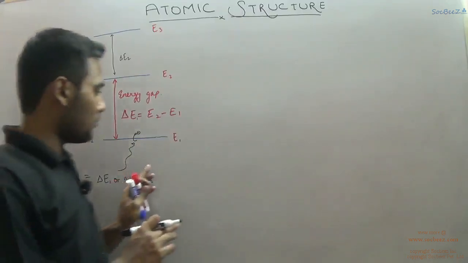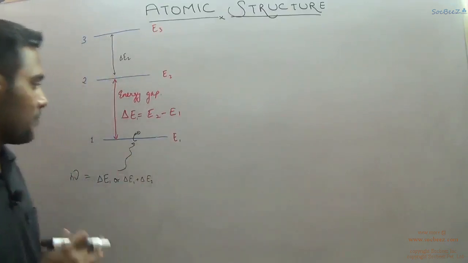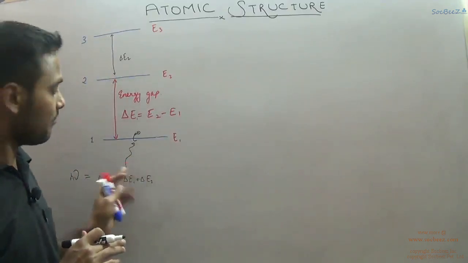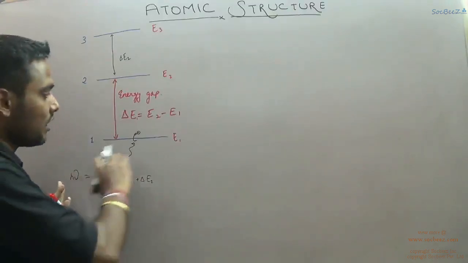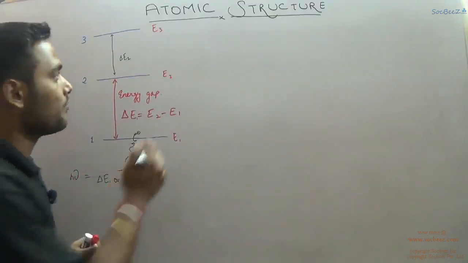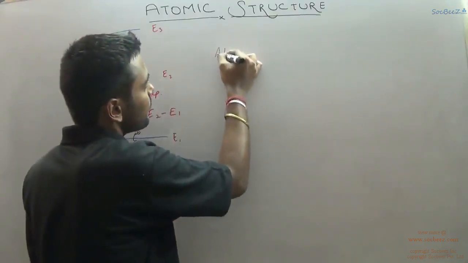So to study the absorption spectrum, a continuous spectrum of radiation is irradiated on an electron.